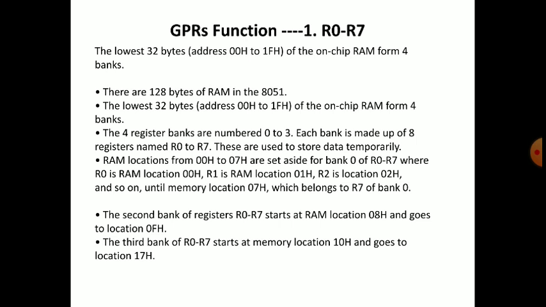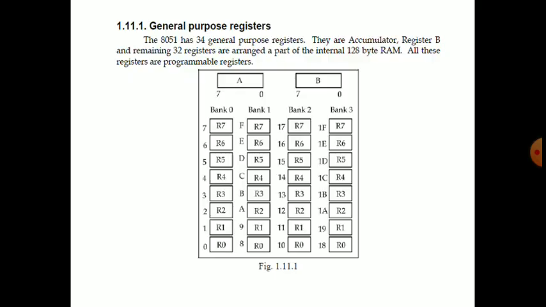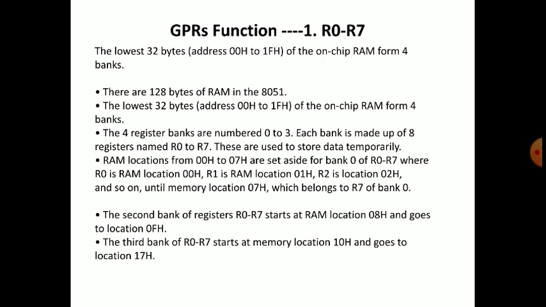RAM locations 00 to 07H are set aside for bank 0 and R0 to R7, where R0 is RAM location 00H. R1 is in RAM location 01H. See this side we have 0, 1, 2, 3, right? That is the address of these registers 00, 01, 02, 03, 04H, 05H, 06H, 07H, and 08, 09, 0A. Like that you can see.